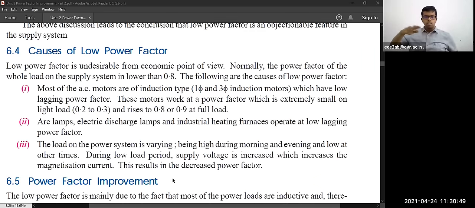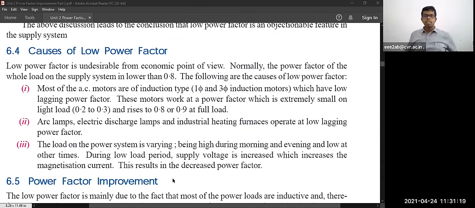Don't switch on your pumping motors at home then. So what we do is switch on our motors at later hours, like after 10 p.m., or early morning around 6 o'clock, or at night after 10 o'clock.